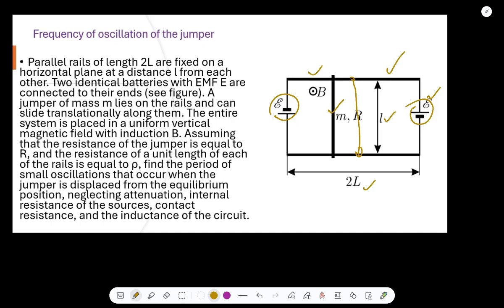Therefore, this position is the equilibrium position of the jumper, because I don't see any other force trying to move it. So, when the jumper is in the middle, that will be the equilibrium position.